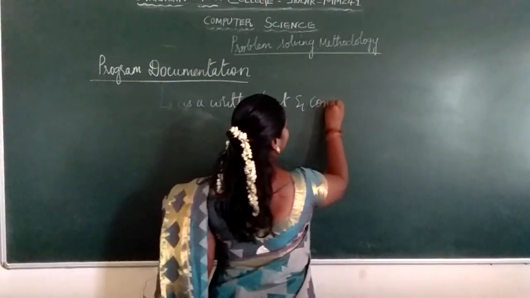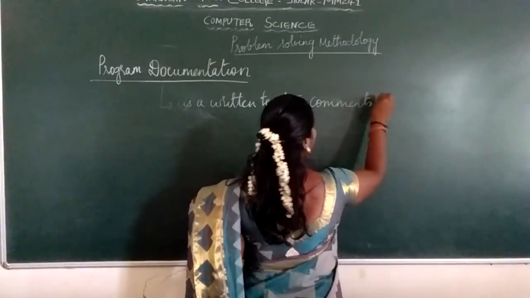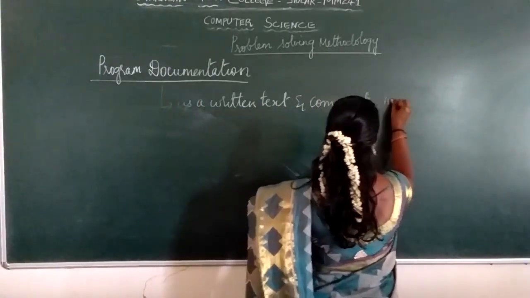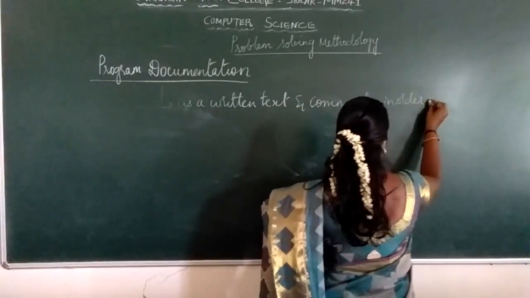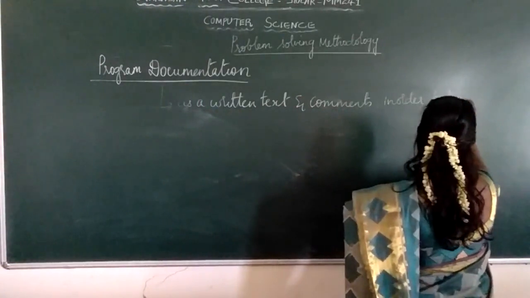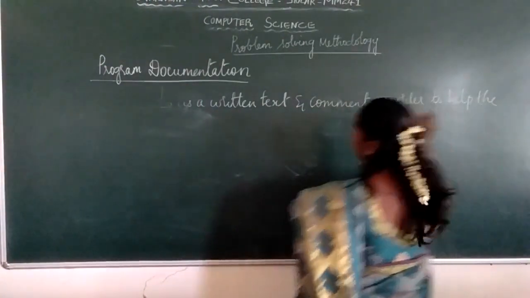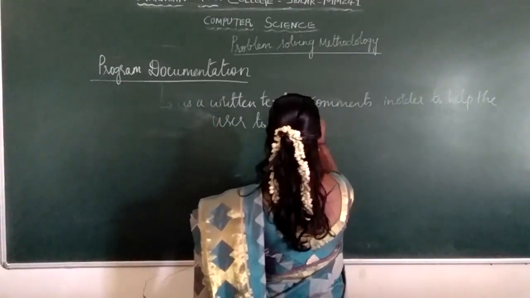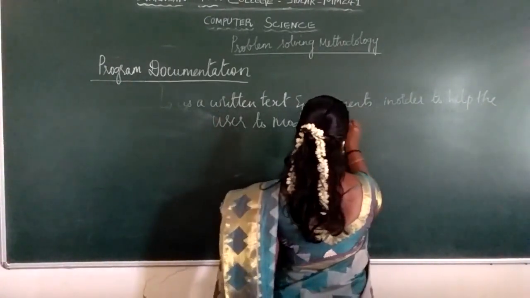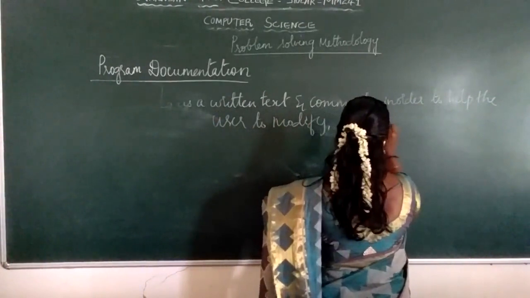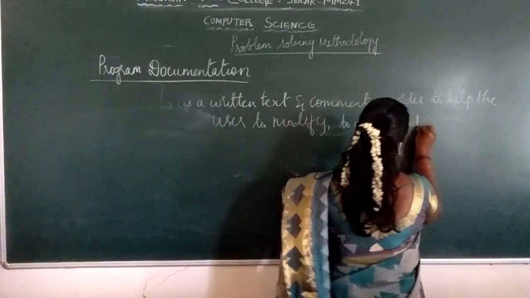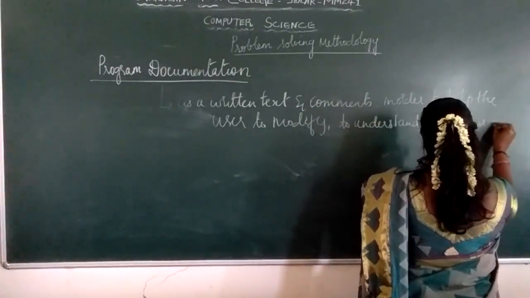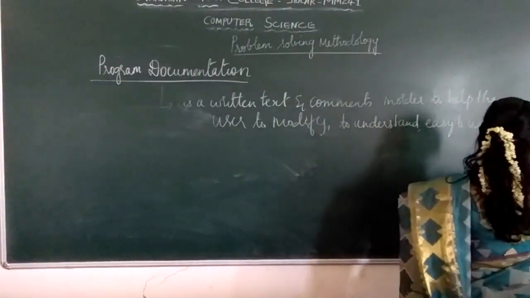Program documentation is a written text and commands in order to help the programmer or the user to modify, understand, easily use and maintain the program.